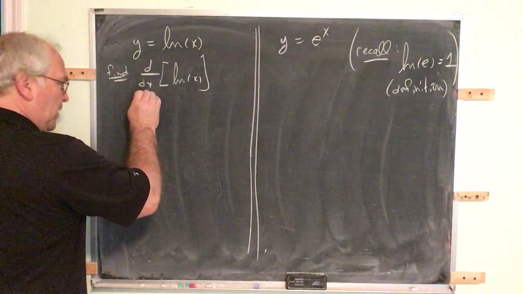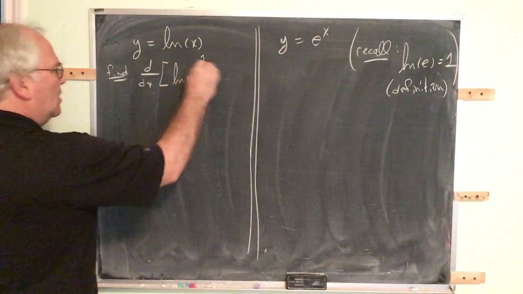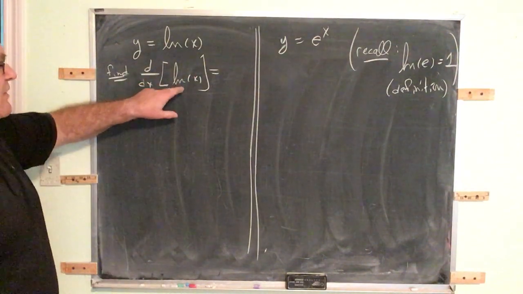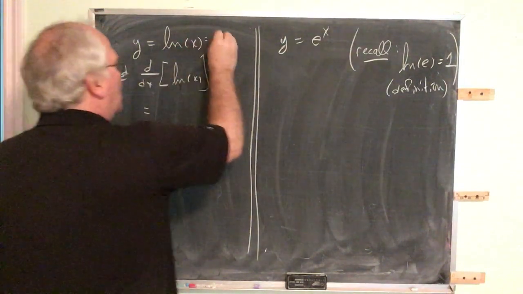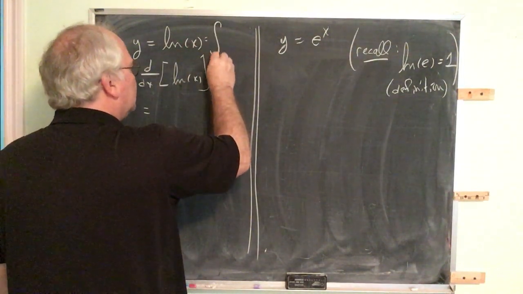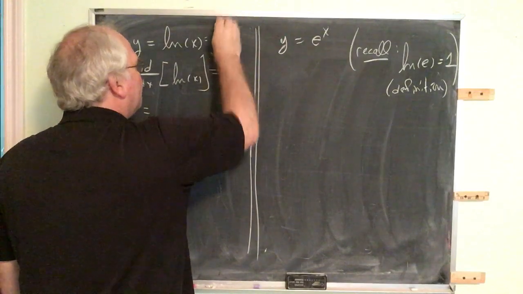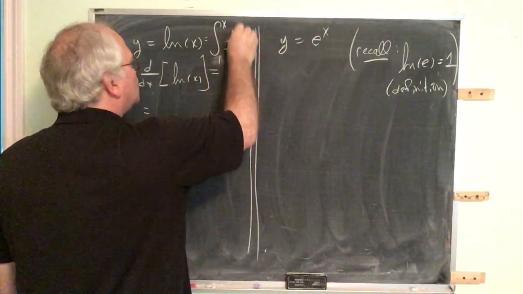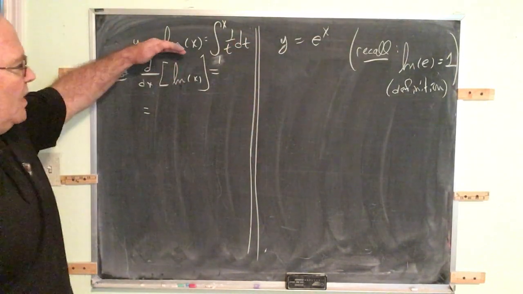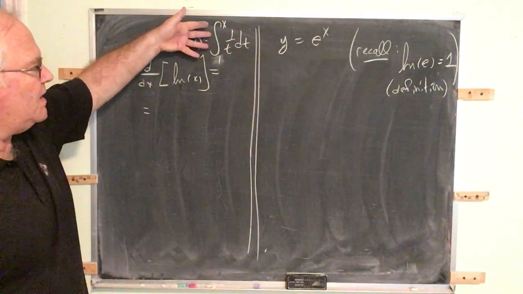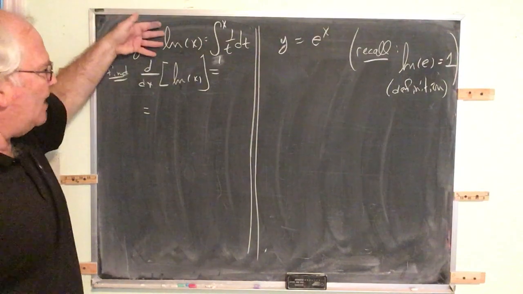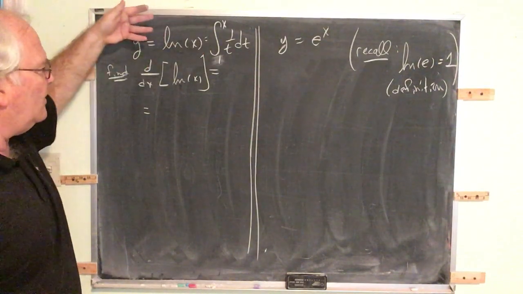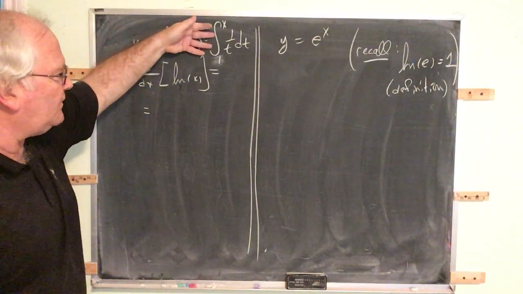All right, so I want the derivative of natural log. Well, we know that the natural log function, the definition of natural log, is the area so far function.